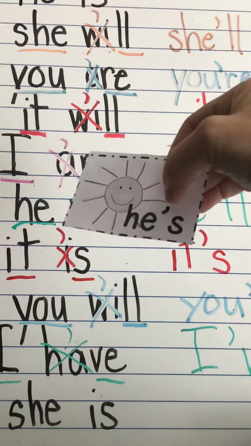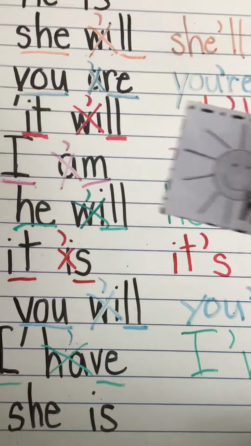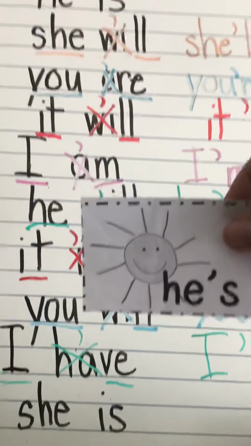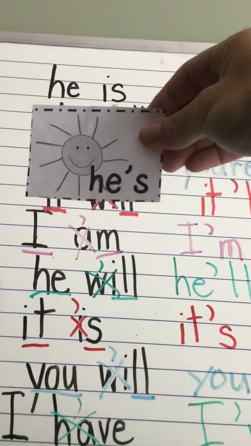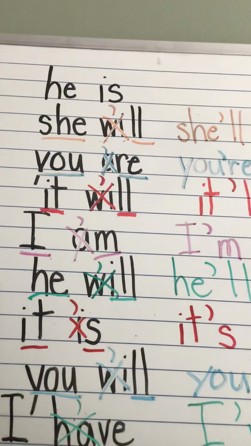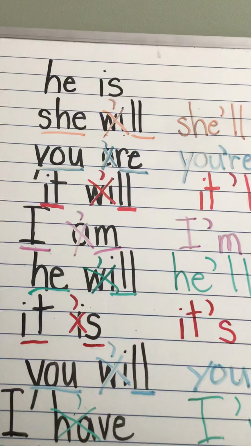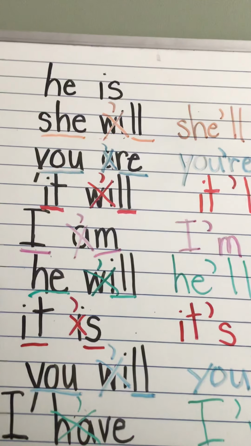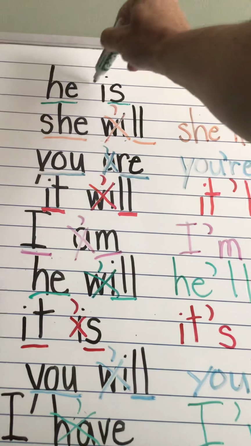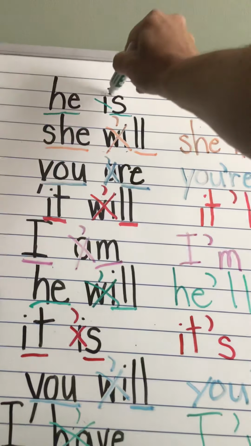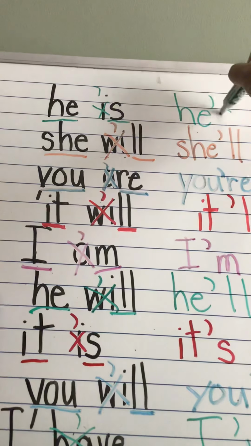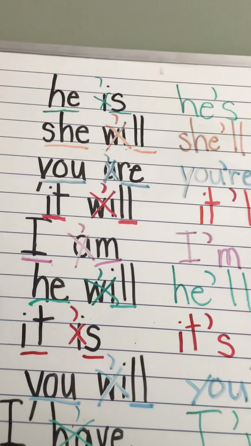H-E apostrophe S. So we're looking for two words that keep he, there it is, and has S at the end. He is, he's. So we're keeping H-E for he, we're keeping the S, but we got rid of that I and put an apostrophe in its place. He's means the same thing as he is.